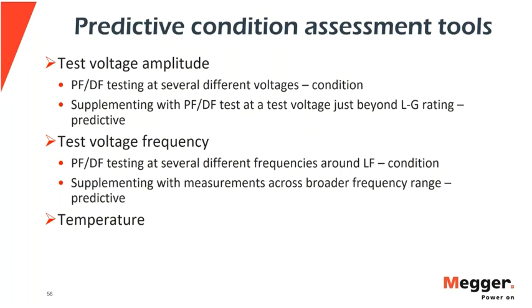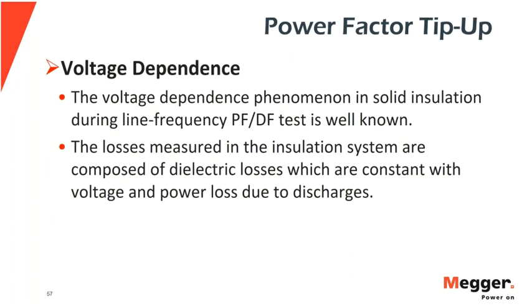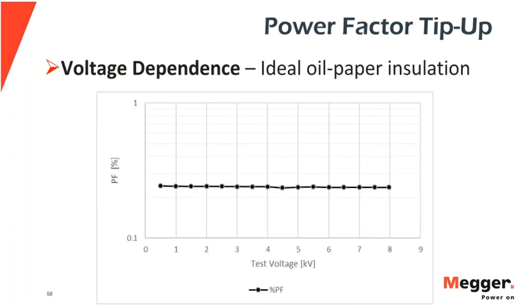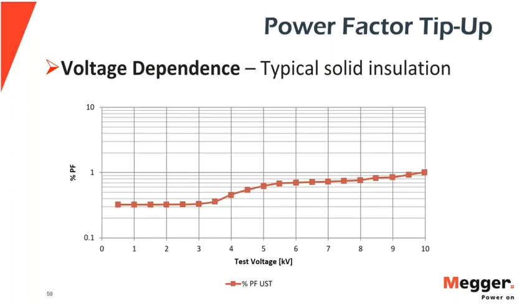With test voltage frequencies, if I do testing at several different frequencies around line frequency, that's going to give some unique condition assessment of the insulation. But if I broaden my range, then it can become more predictive. Sorry, I just don't have time to talk about temperature, but with the voltage dependence, for an ideal oil-paper insulation, we expect that power factor doesn't change with voltage.